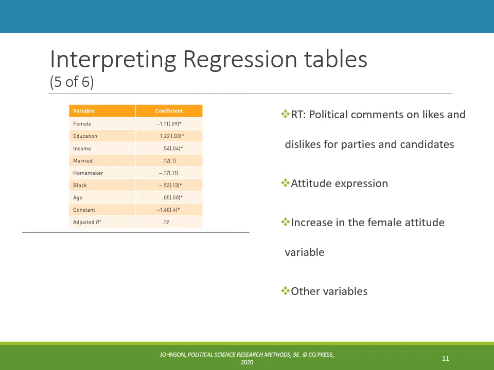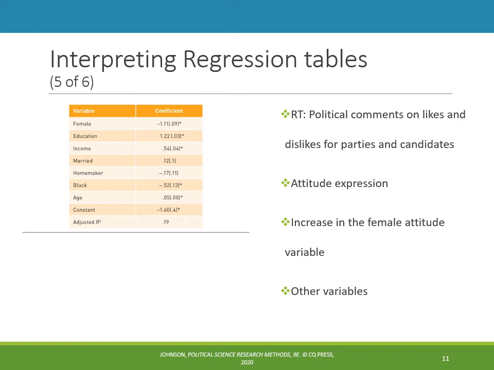So we move on to a variable that's less clear, something like education, because there's more than two categories, but let's say it's in years of education here. How will we interpret this? Well, holding all of these other variables constant, a 1 year increase in education leads to a 1.22 increase in the number of political comments that we would see.